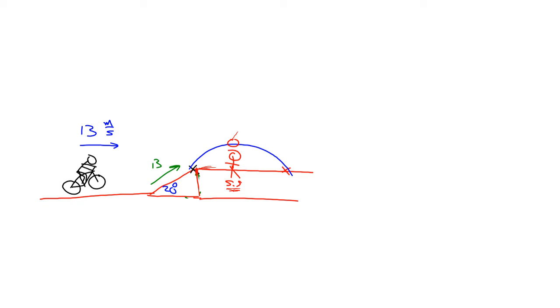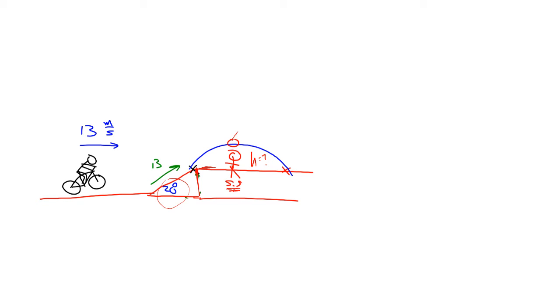And here's 20 degrees is the angle of the jump, and your 13 meters per second will be maintained until you get airborne, because you are going to be pedaling the whole time. Alright, so the question is, how tall can your assistant be for this to work without having a bunch of lawsuits? Alright, pause the video, see if you can figure it out.